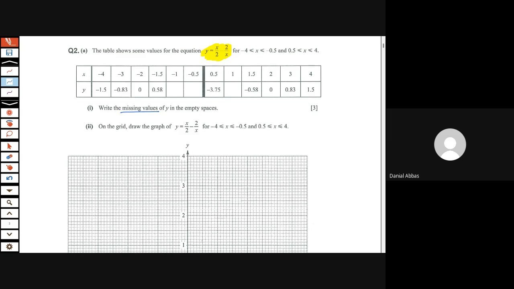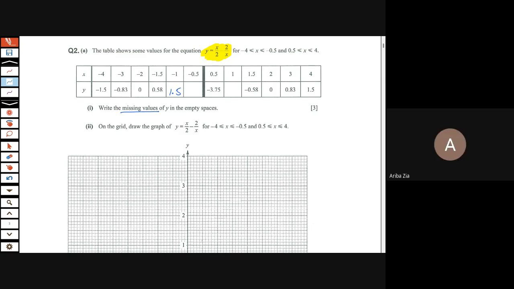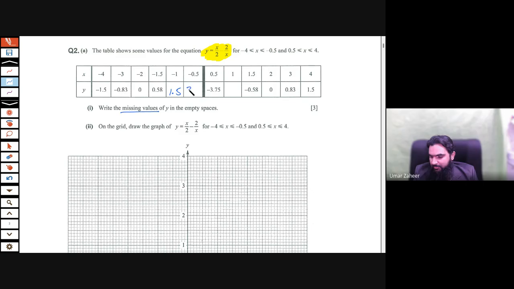Sir, 1.5. 1.5. And what is the answer at -0.5? Do it faster, everyone. 3.75. 3.75.